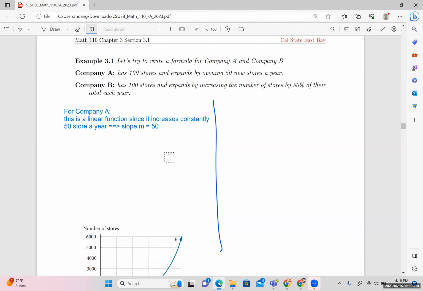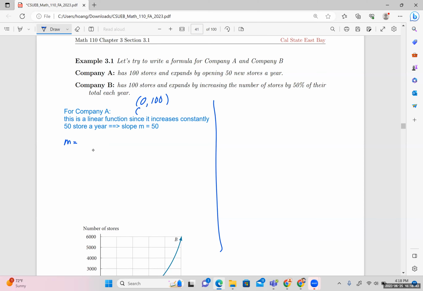That means slope will be 50. All right. So another way you can do is using the formula m equal to, you can choose 2 points. So say the initial one, say 0, 100, right? It's years.